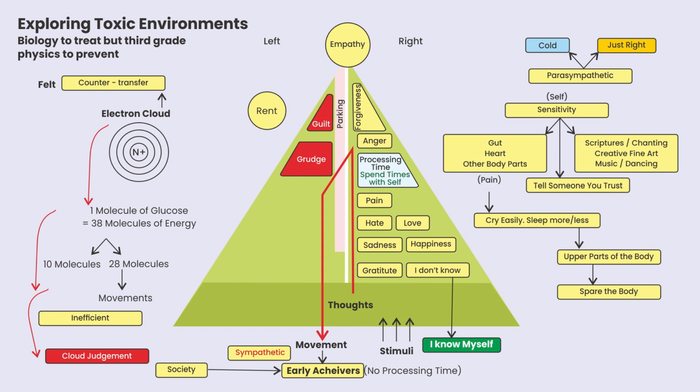They adapt through parasympathetic, and they use the sympathetic to help them get back to presence more quickly. So these people have found the most efficient ways of living.